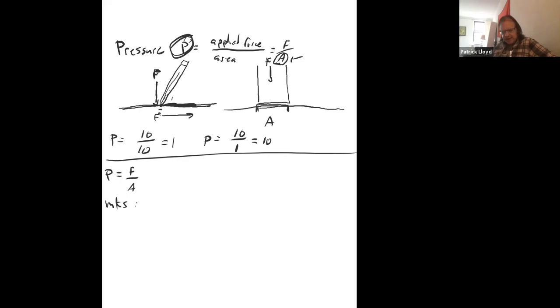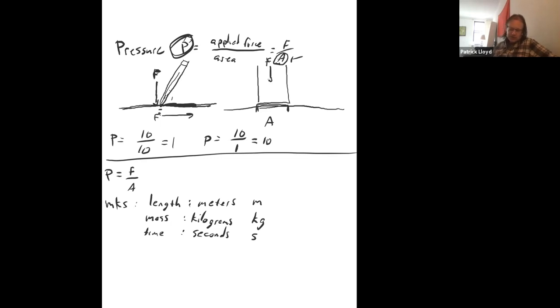So your length is in meters, and the abbreviation for meters is m. Your mass is in kilograms, and the abbreviation for kilograms is kg. And then time is in seconds, and the abbreviation for seconds is s.